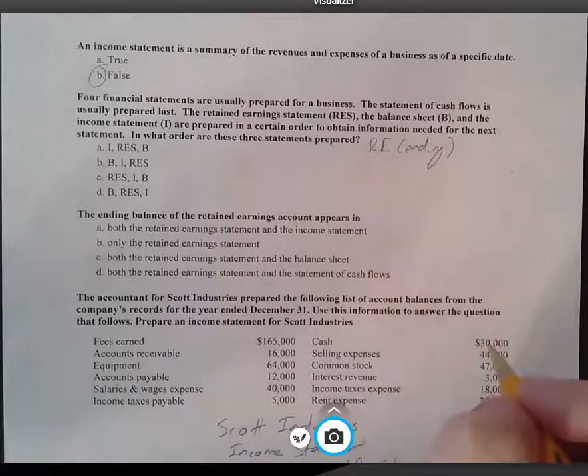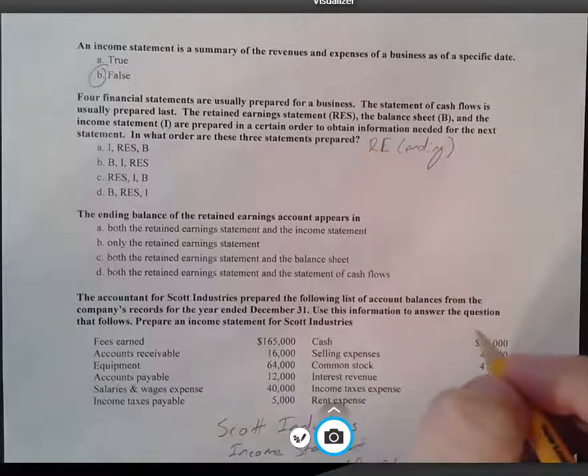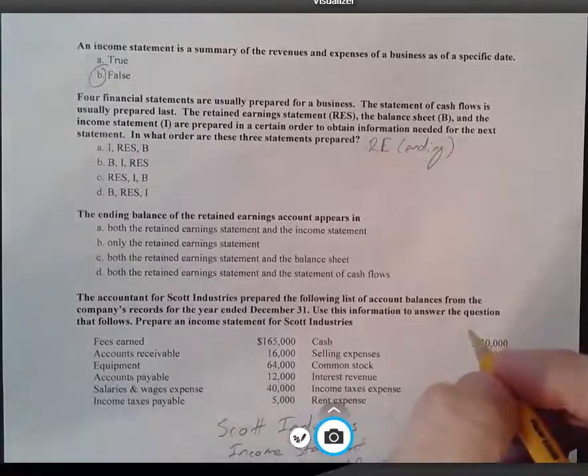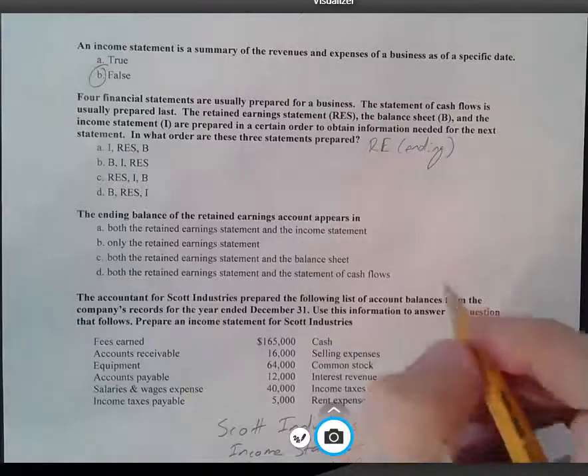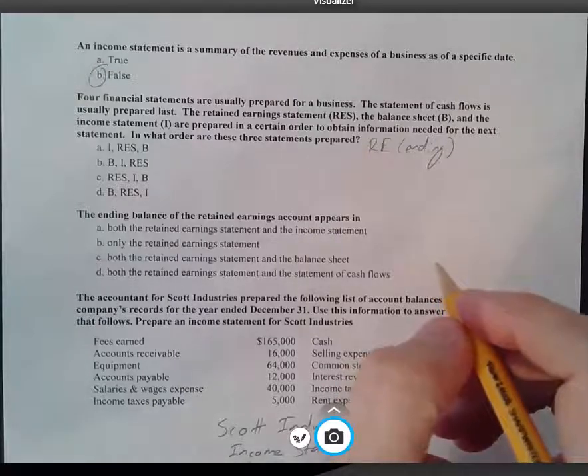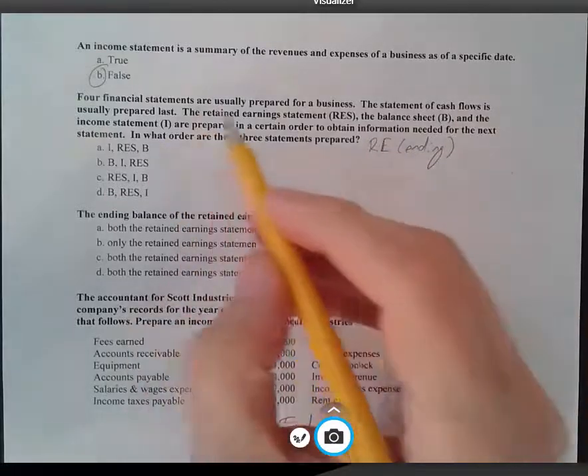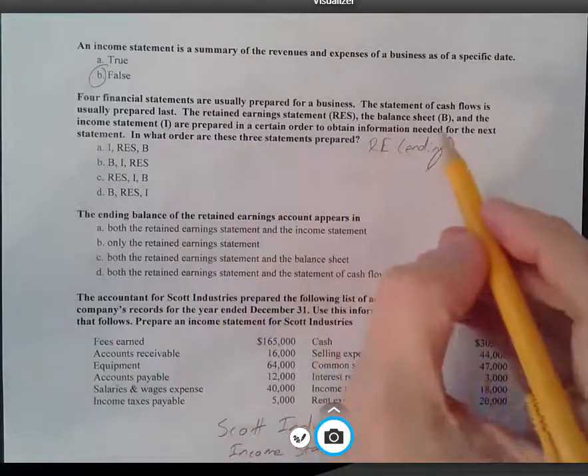All right, so where would we find retained earnings? Which of the financial statements would we find it in? Well, usually when we see retained earnings, it's going to be on the balance sheet.